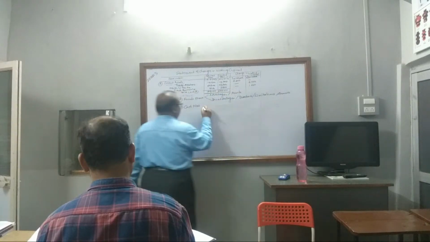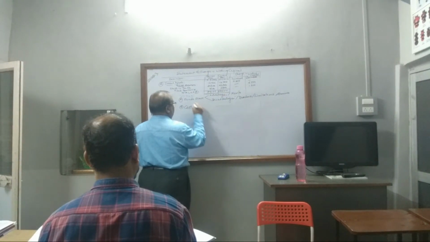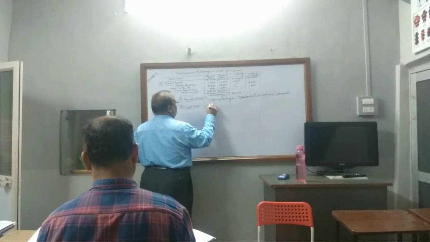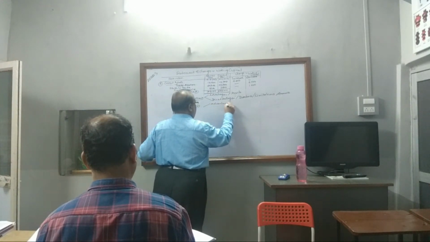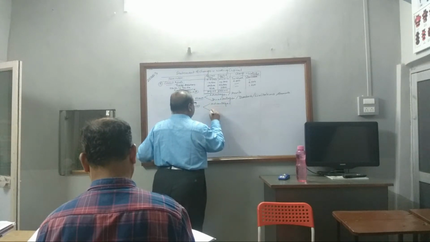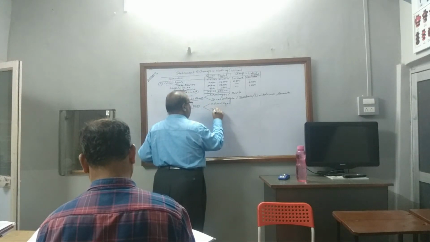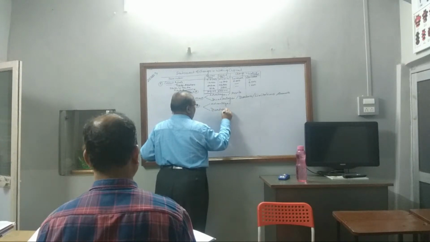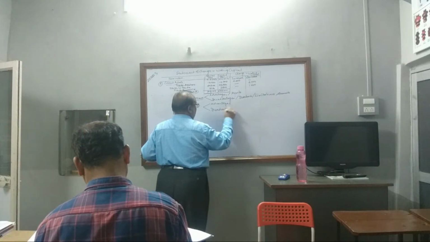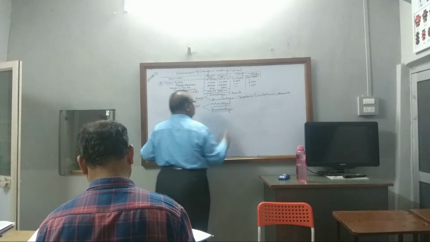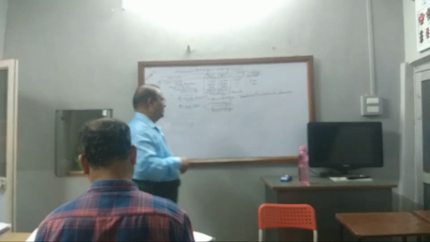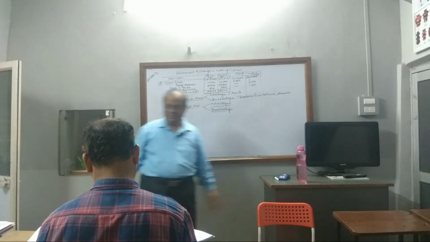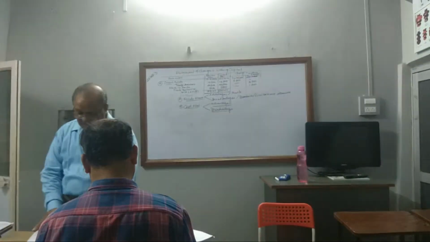Then cash flow, in that also advantages and disadvantages. Now we'll see the demerits of the cash flow statement. So what are the demerits?